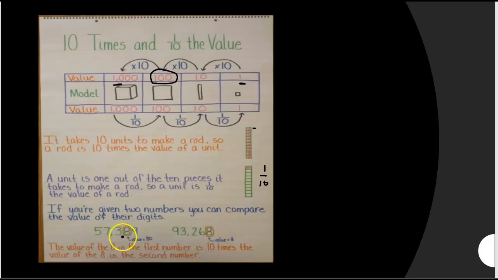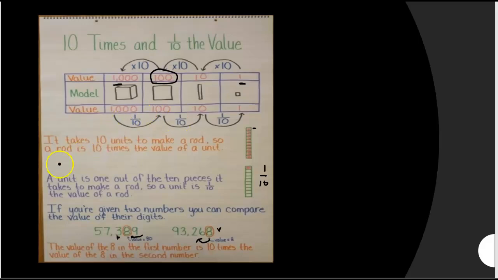So the value of the 8 in this number right here is 10 times the value of the 8 in the second number, because to move from the 8 to the tens place, which is what we're doing here, we know we have to multiply 8 times 10 to get to the tens place, which is 80.